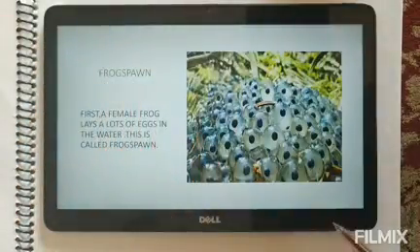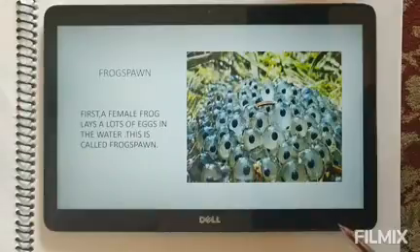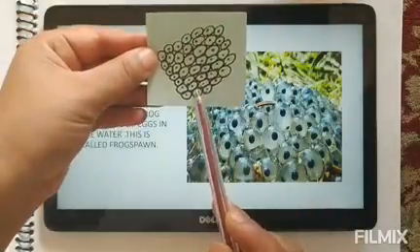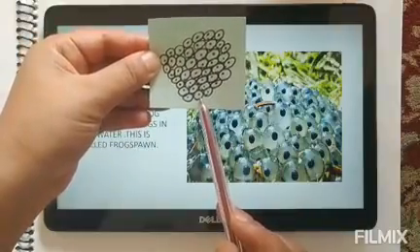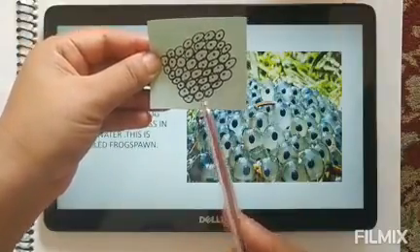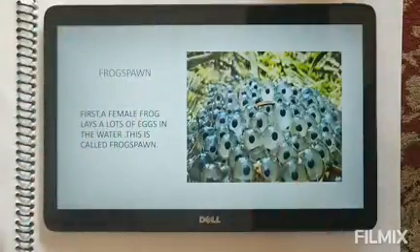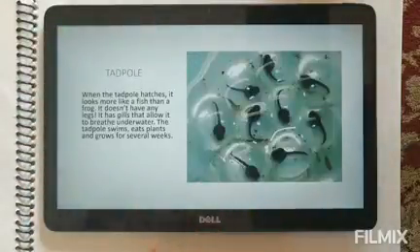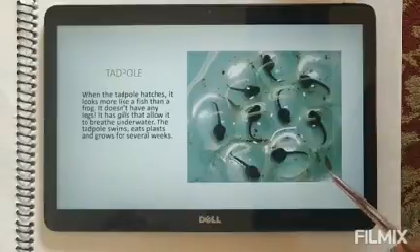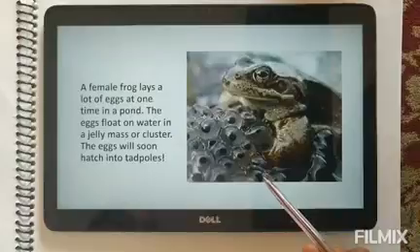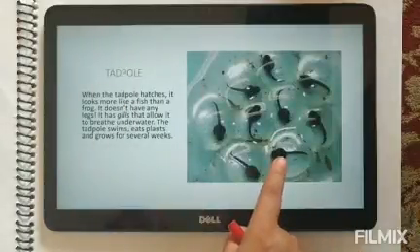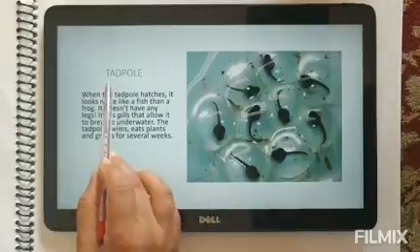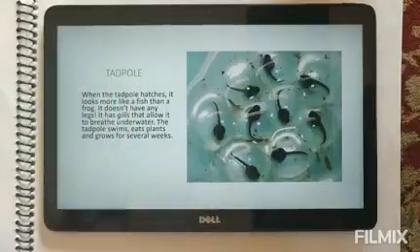So now, what do you think will hatch from the eggs? A caterpillar or a larva? Let's find out now. So the eggs will hatch into these tadpoles.